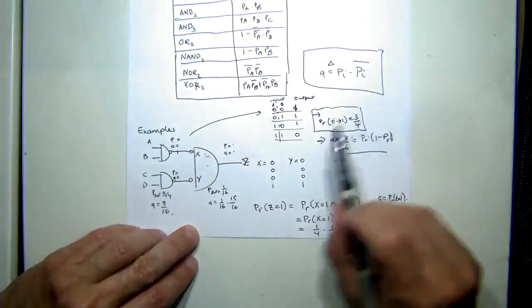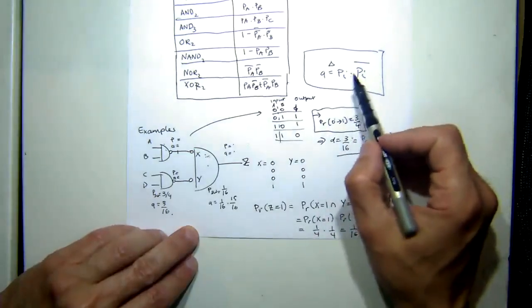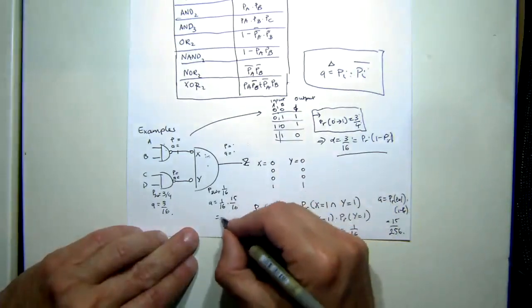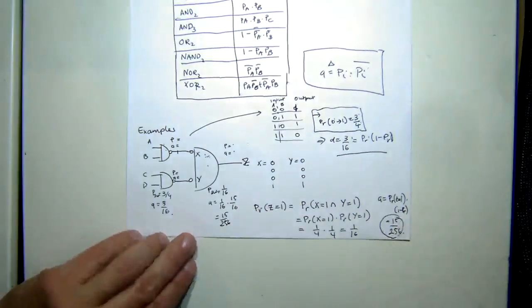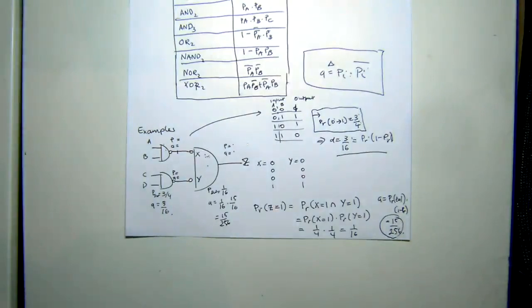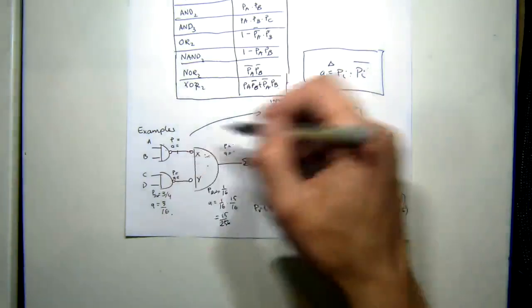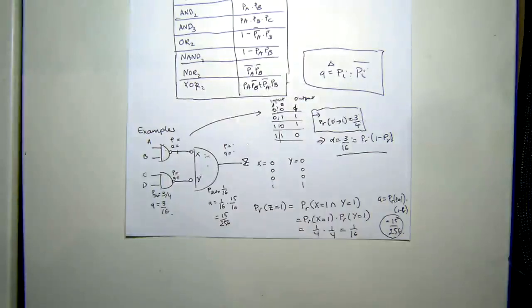Remember, activity factor is P times P bar, which is 15 on 256, which is what I had here. Perfect. So now, for this particular example, I know my switching probabilities and my activity factor.